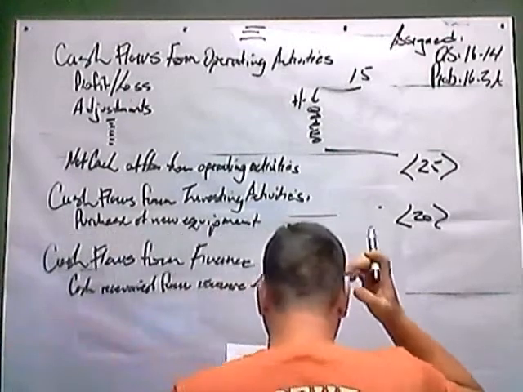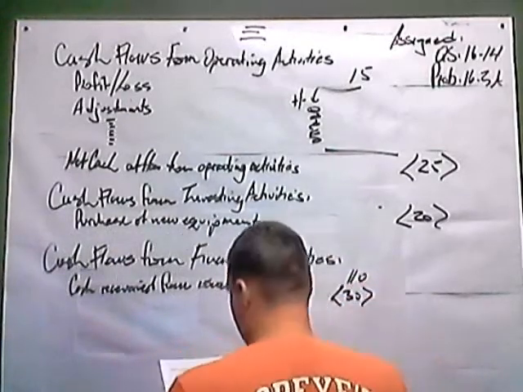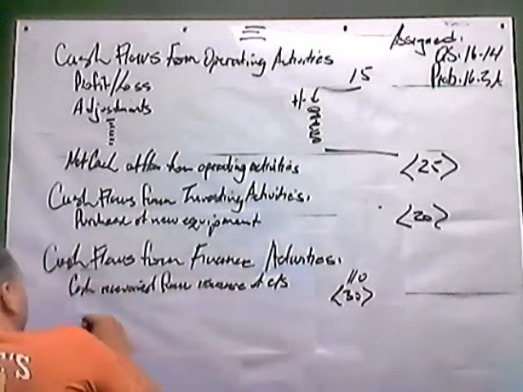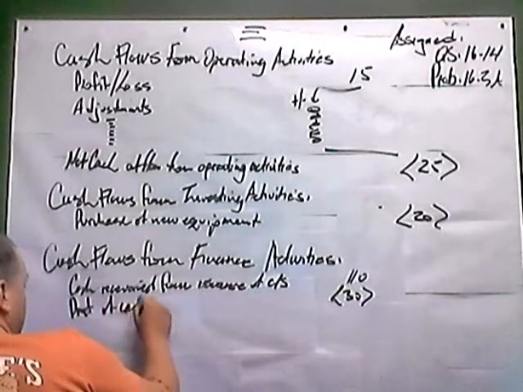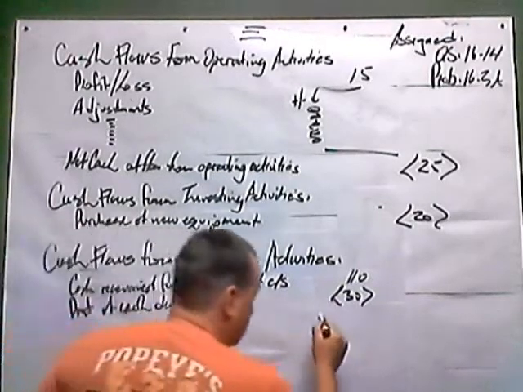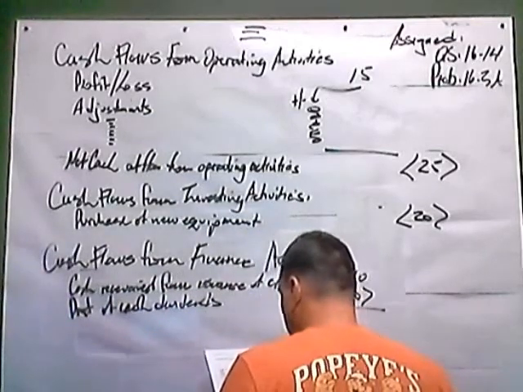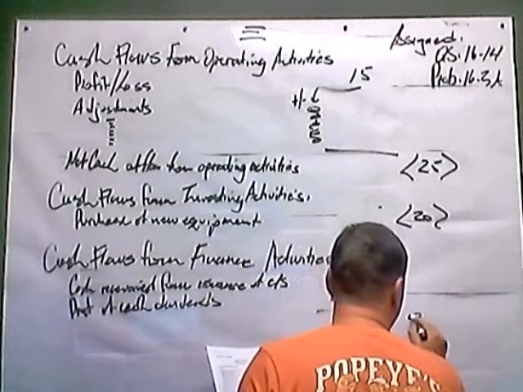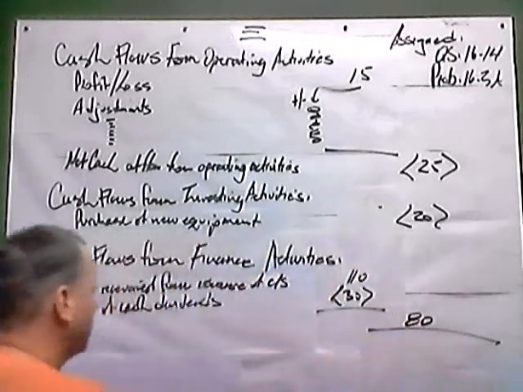And that'll be 110. Payment of cash dividends. As a result, we have a net cash inflow of 80.